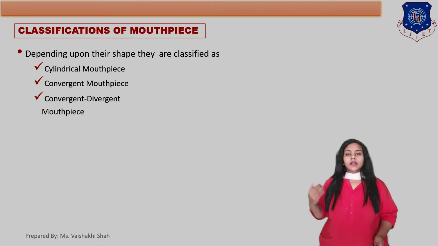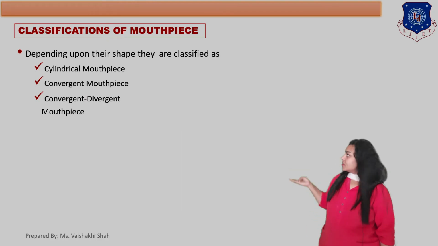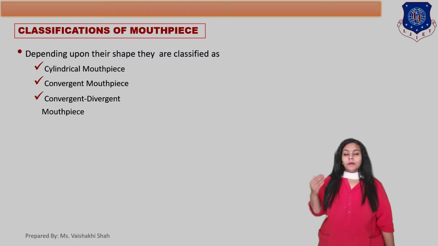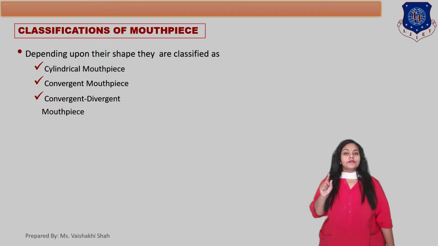Now there are some types of mouthpieces, so first the theory is the classification of mouthpiece. Depending upon shape, a mouthpiece is classified as cylindrical mouthpiece, convergent mouthpiece, and convergent divergent mouthpiece. So first of all, according to shape, first is the cylindrical mouthpiece. Second is the convergent mouthpiece.